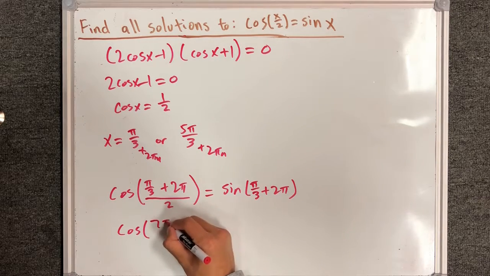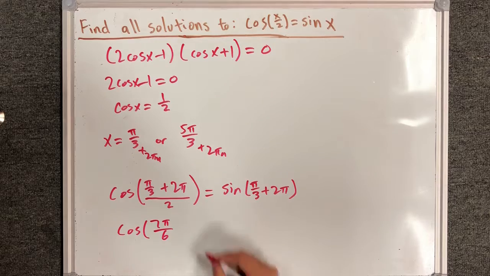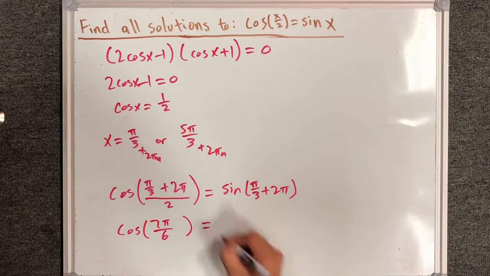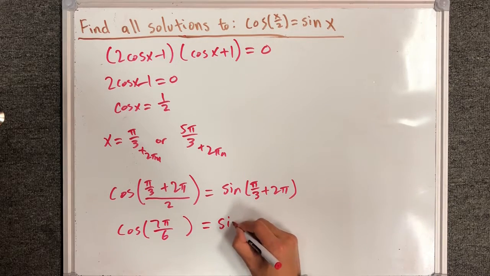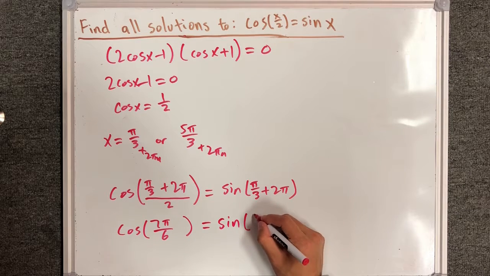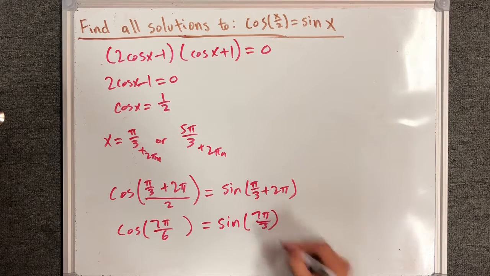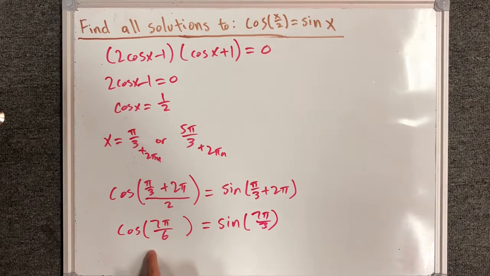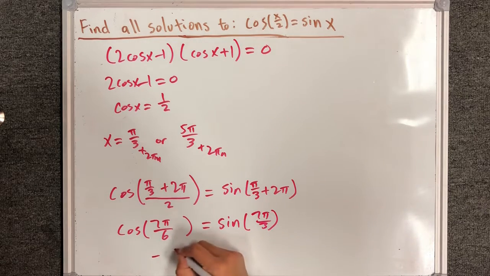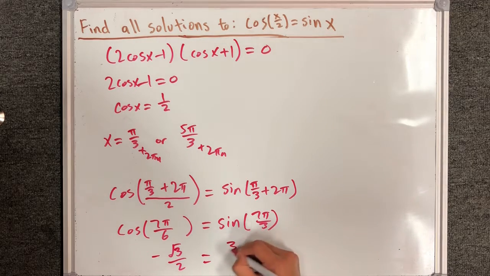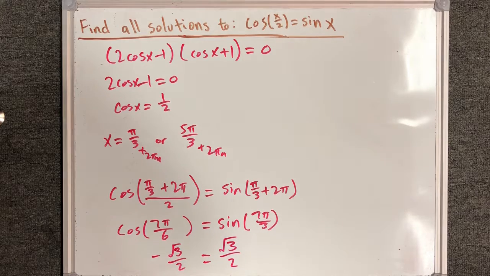So in total, we have 7 pi over 6. And we wish for this to be equal to sine of 7 pi over 3. This right here will be equal to negative root 3 over 2. However, sine of 7 pi over 3 is positive root 3 over 2.